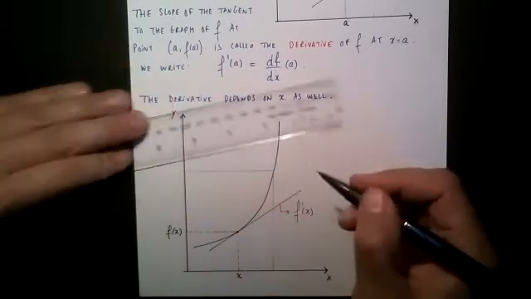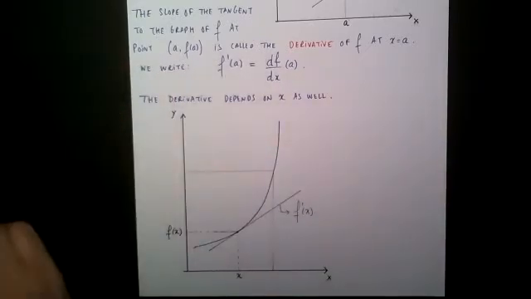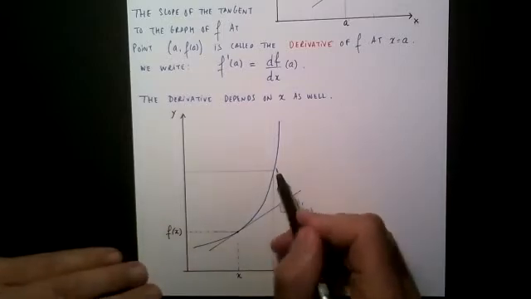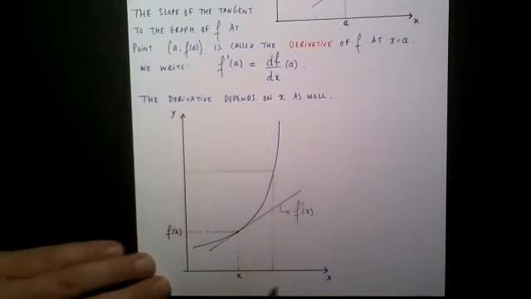Right here, let's say. I'm going a certain distance, which I'm going to call h. So this distance is h, and this is x, so this will be x plus h, right? H further.